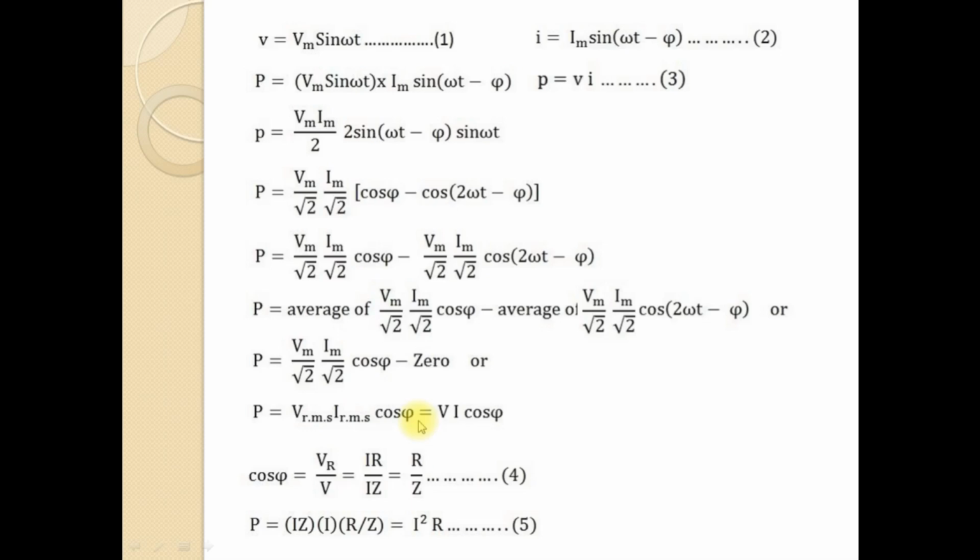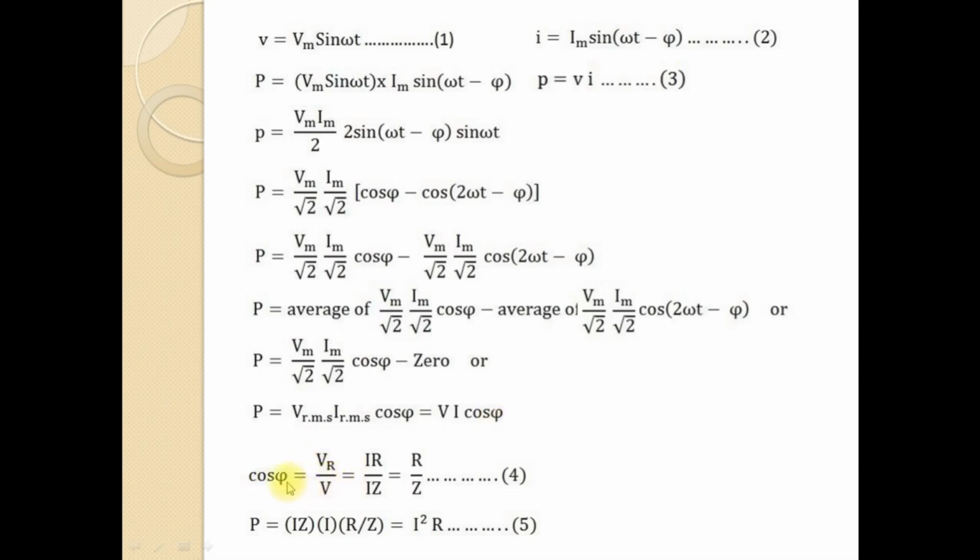Cos phi is known as the power factor of the circuit, and the term V into I is known as the apparent power, and real power is obtained by V into I into cos phi, where V and I are the RMS values of the voltage and current phasors. The power factor cos phi can be obtained from this relation also.